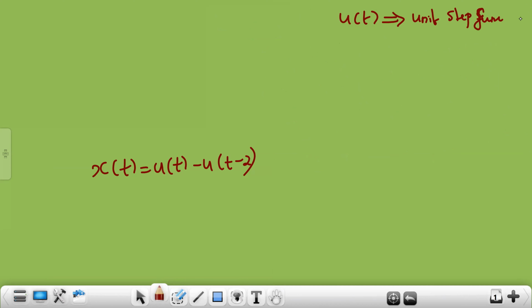The unit step function u of t exists from t equal to 0 to infinity.